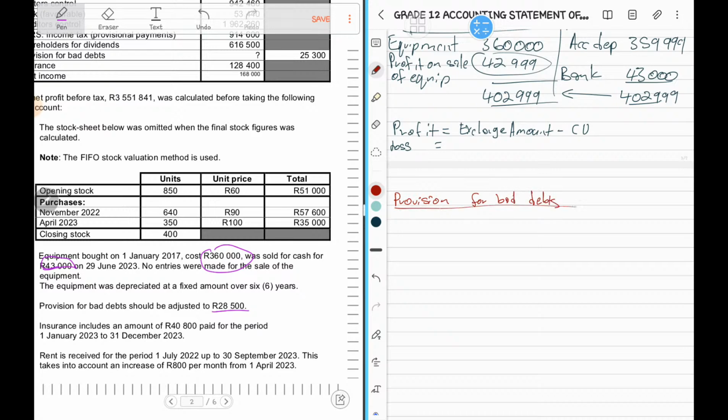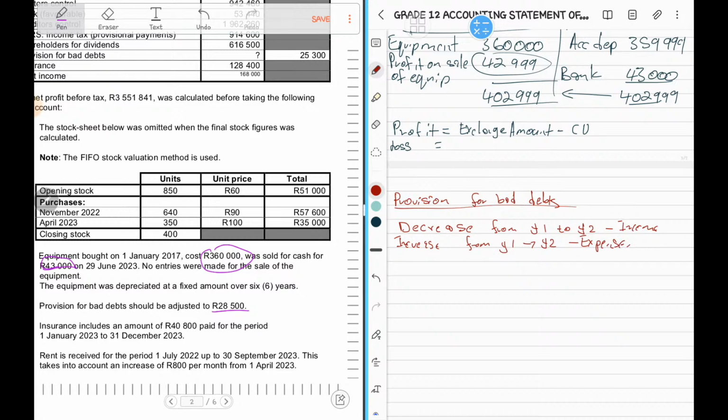Remember what I said, that if it decreases from year 1 to year 2, it is an income. But if it increases from year 1 to year 2, it is an expense. I'm just reminding you here.